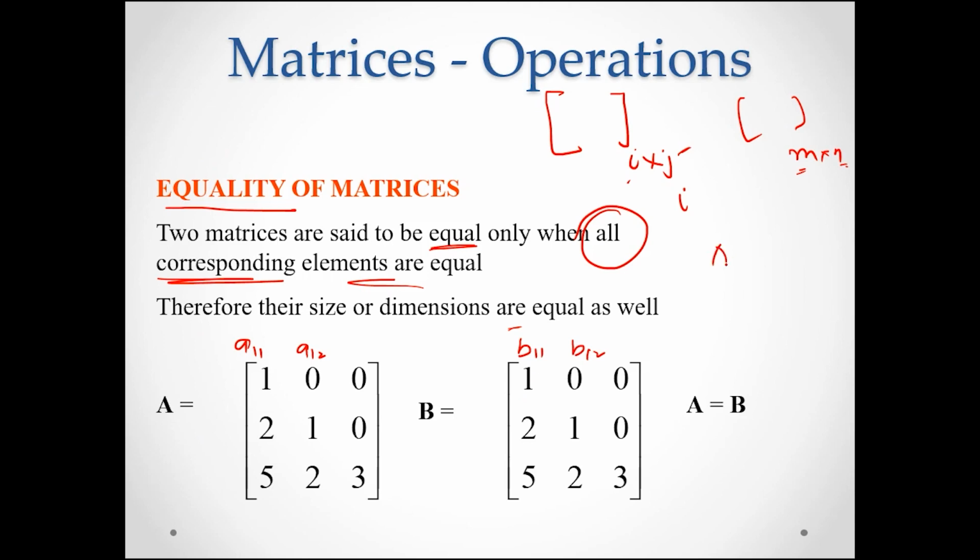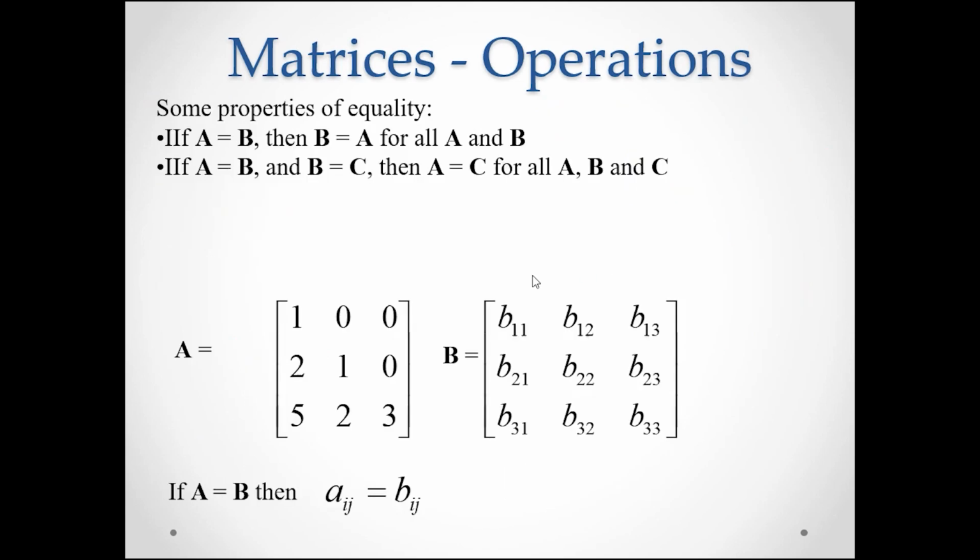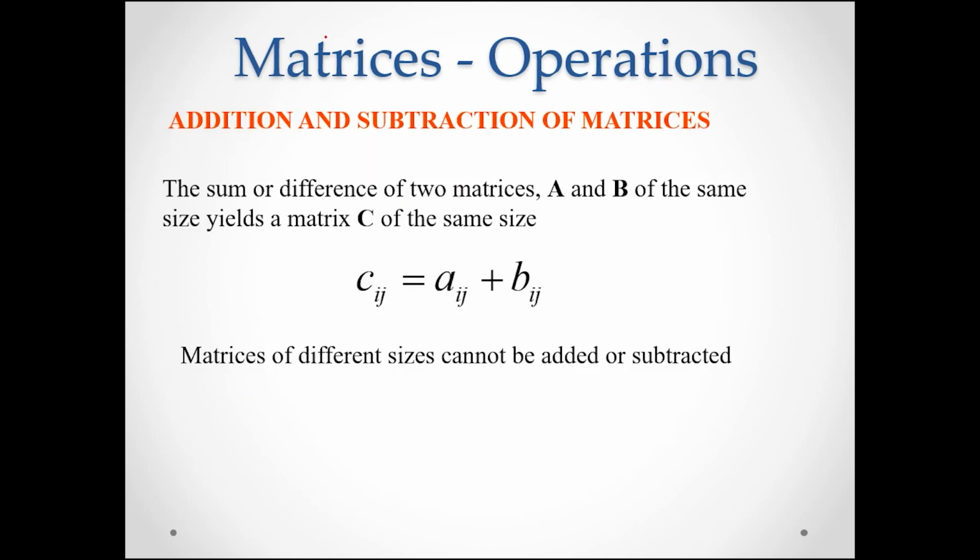So if I have two matrices A and B, then Aij will be equal to Bij for all i, j. Only then will they be called equal matrices. If A is equal to B, then B is equal to A. And if A equal to B and B equal to C, then obviously A is equal to C.